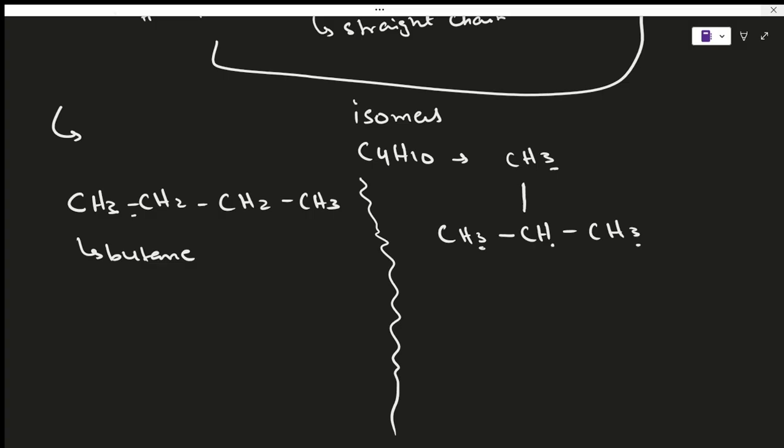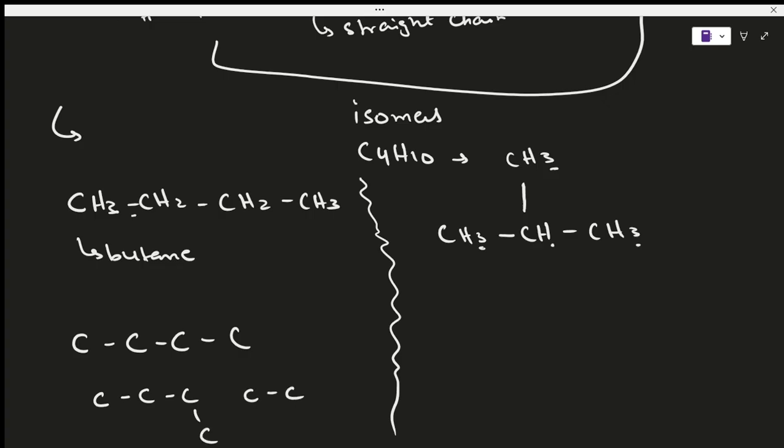Now you can also ask, what if you had something like this? We're just talking about the carbon chain here. The carbon chain in the butane molecule looked something like this, so we say this is a straight chain. But what if it was something like this? Or something like this?